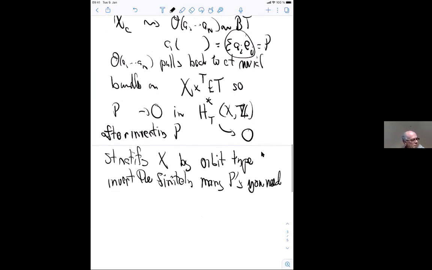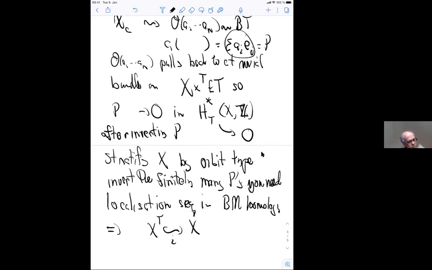And then a localization sequence in, say, equivariant Borel-Moore homology. I mean, you can stratify things further so everything is smooth, if you like. It's a technical point. It implies that if you take the inclusion of the fixed points, this induces an isomorphism.